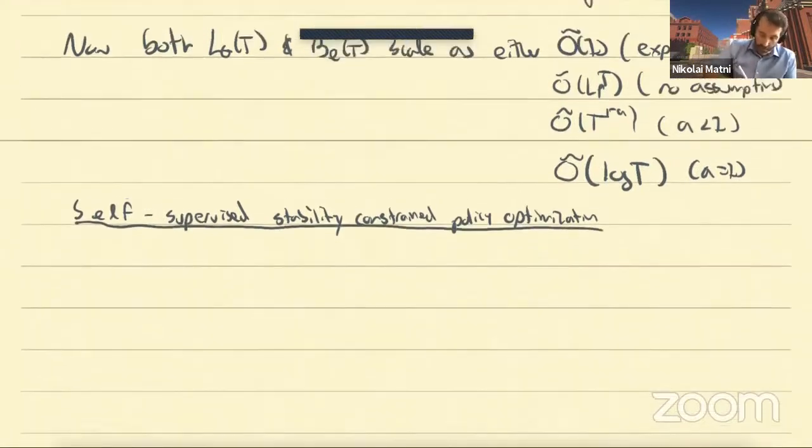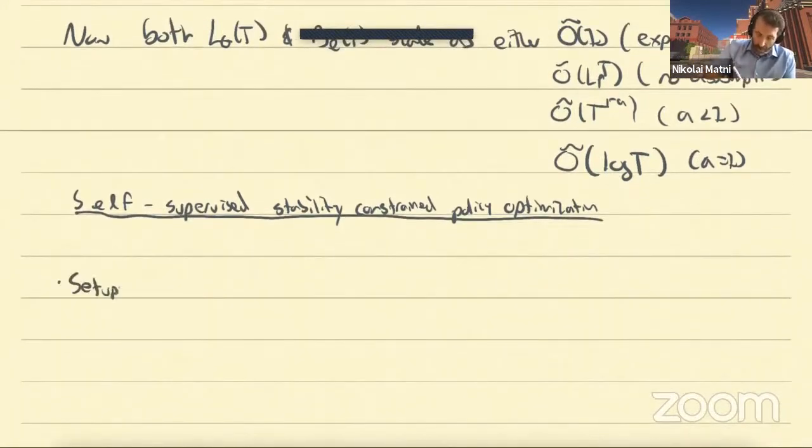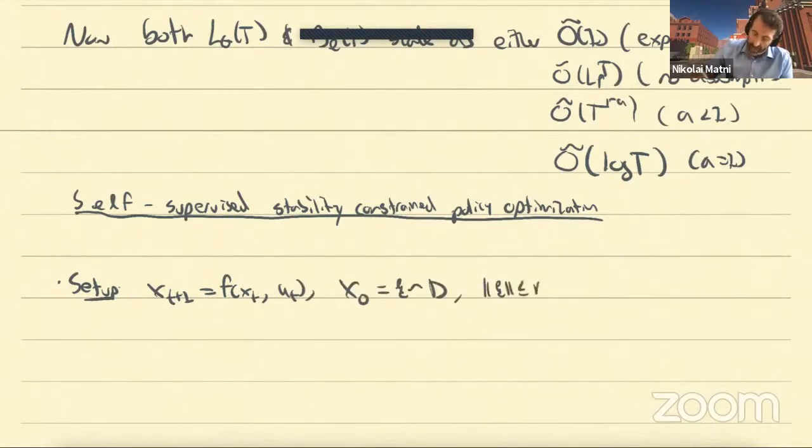So here's our setup. Now I have a controlled dynamical system, f of x_t, u_t. Again, my only randomness is coming in through my initial conditions, and we're going to assume that they are less than or equal to some bound almost surely.